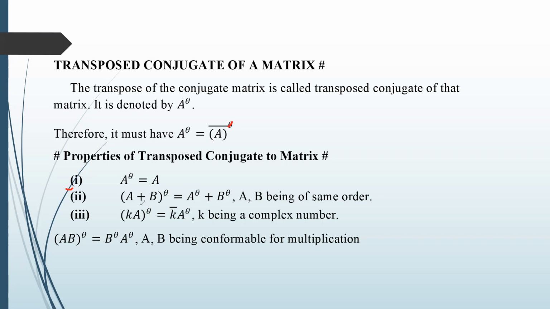Third, the transpose conjugate of K A equals K bar times the transpose conjugate of A, where K is a complex number. And fourth, the transpose conjugate of AB equals the transpose conjugate of B into the transpose conjugate of A, where A and B are conformable for multiplication. So is that clear?